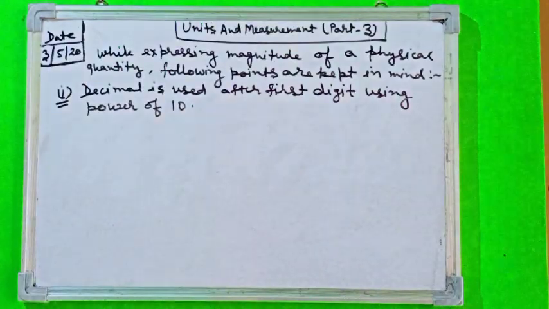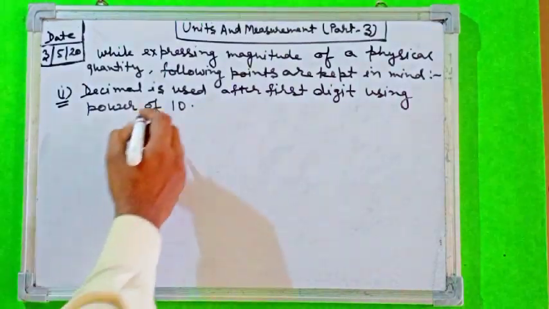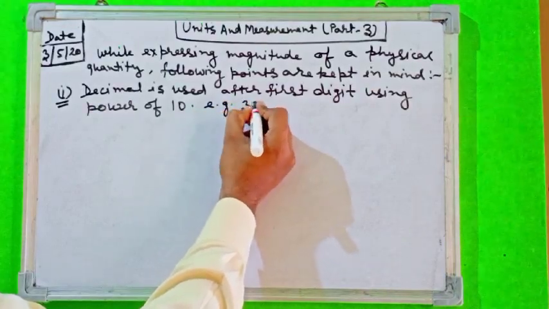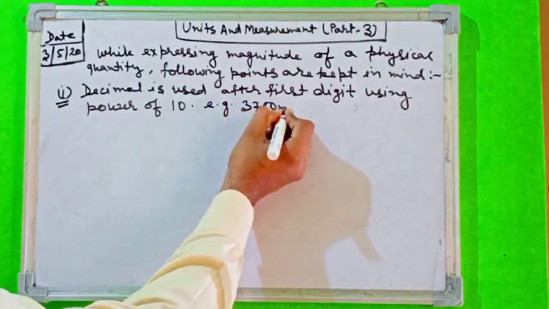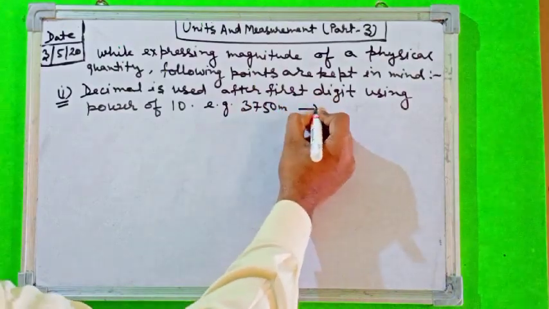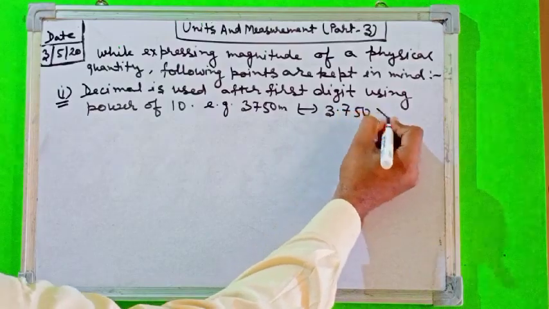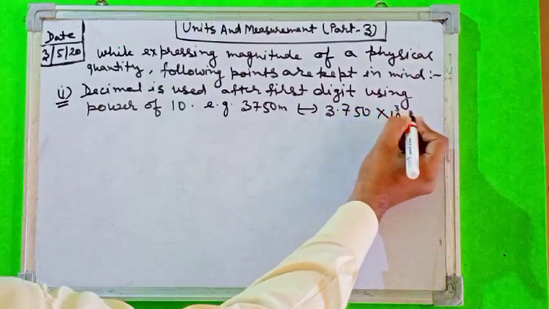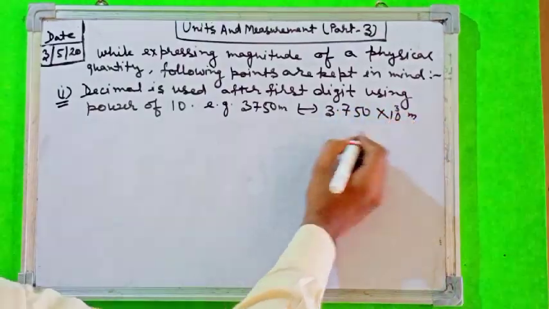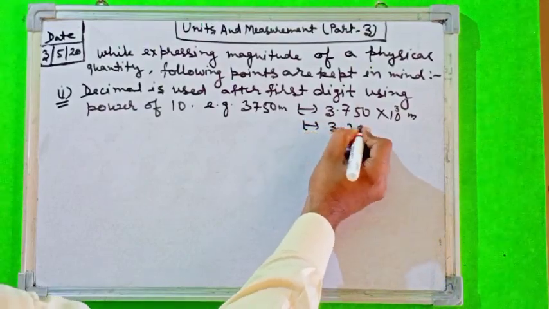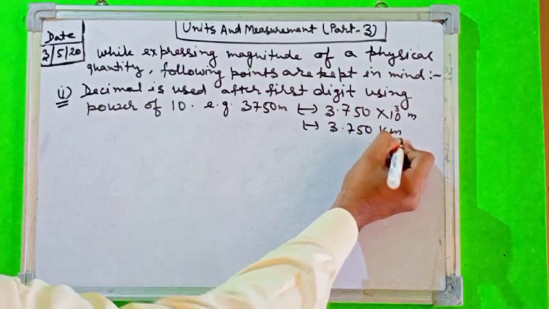How is it possible? Look here. For example, if you have to write 3750 meters, then we can express it as 3.750 into 10 to the power 3 meter, or we can express it as 3.750 kilometer.